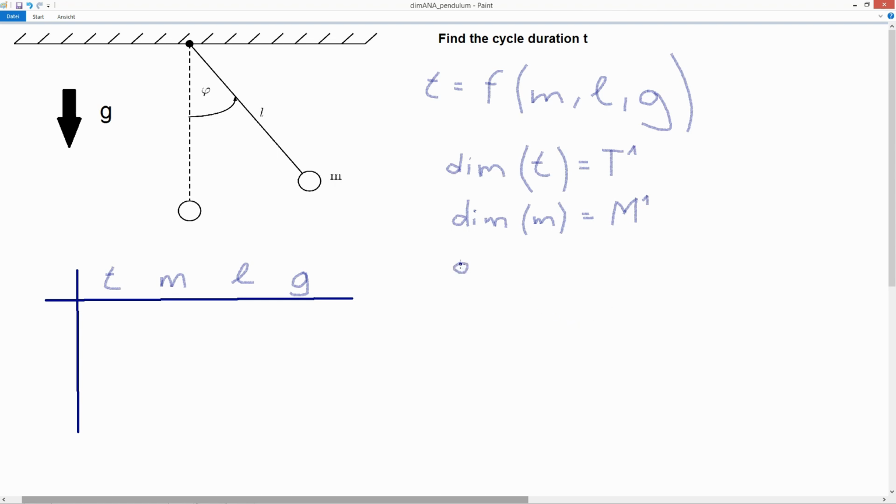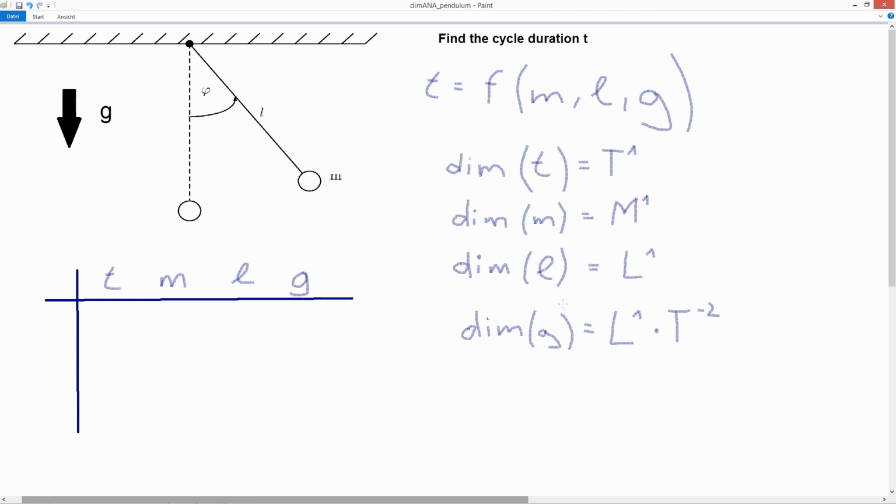We need the dimension of the length of the rope, which is capital L to the power of 1, and we need the dimension of the gravitational constant g, which is L to the power of 1 times T to the power of minus 2, because g is an acceleration.